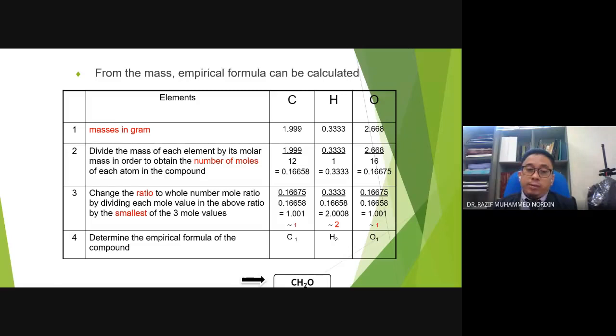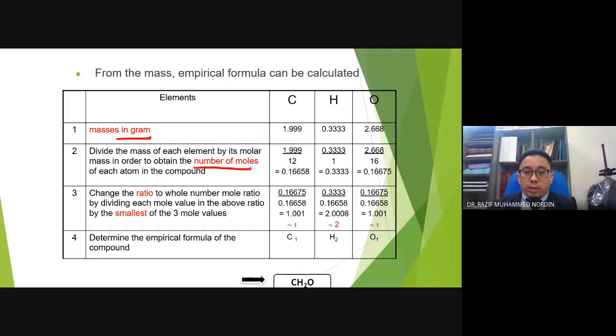And from there, then you need to start the empirical formula from the gram first, and then go to the mole.